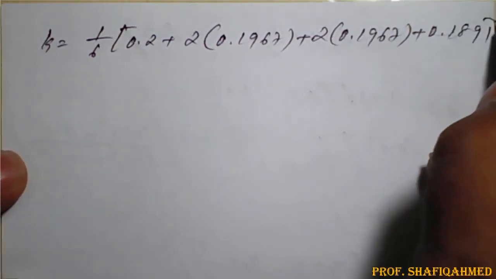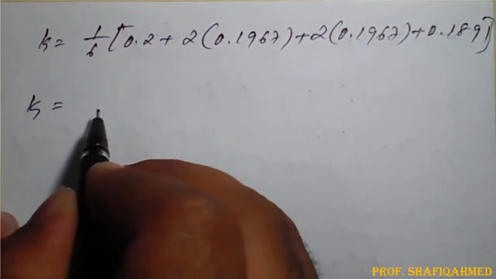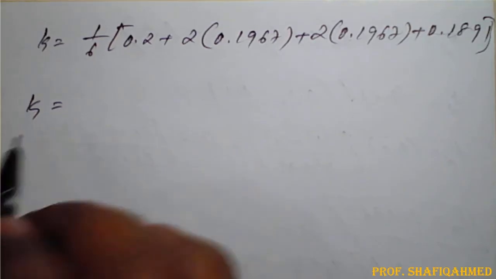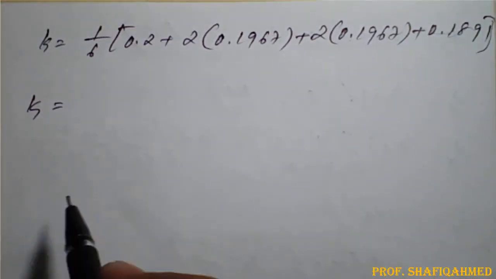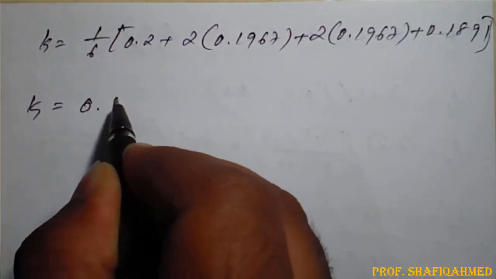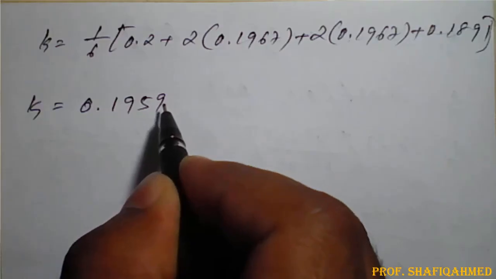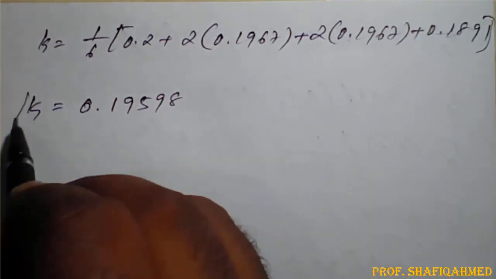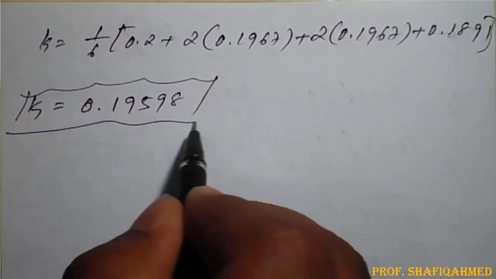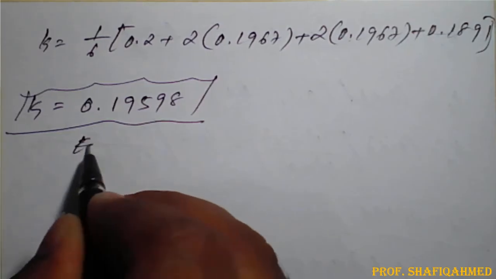So close the bracket. On simplification and calculation, the k value will be 0.1959, I will take one more decimal, 0.19598.